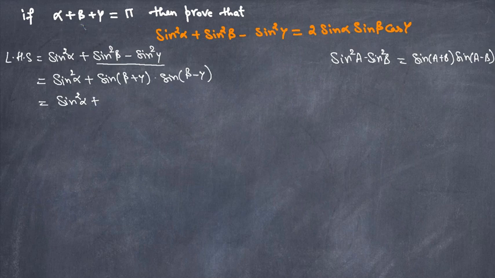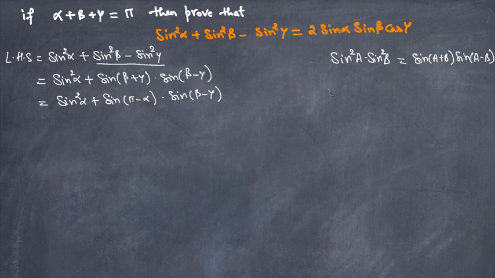Now sin²α plus, what is the value of β minus γ? Look at this, β minus γ is π minus α. We need to subtract α from both sides. So we got sin(π minus α) into sin(β minus γ).